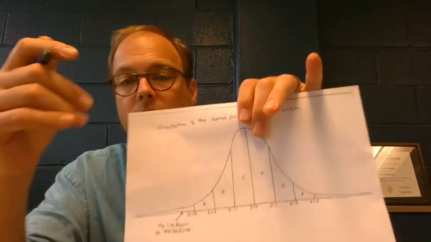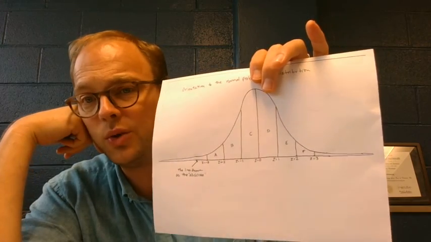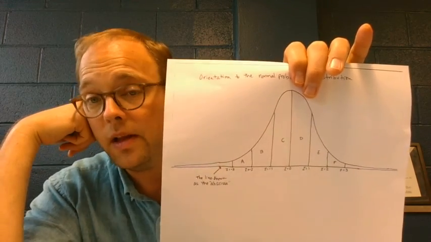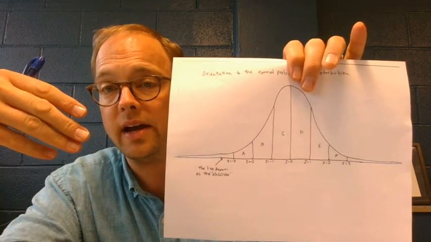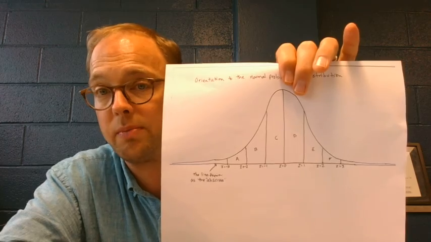Also, although hopefully this is self-evident at this point, the area under the curve is associated with specific amounts of probability. So in other words, the size of the piece is associated with probability.